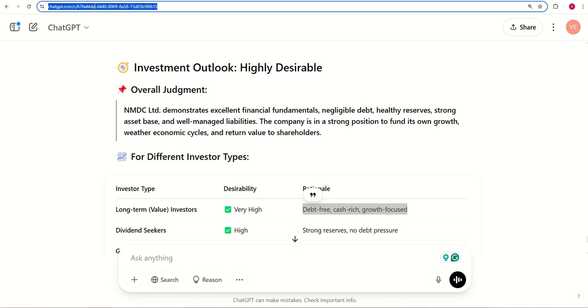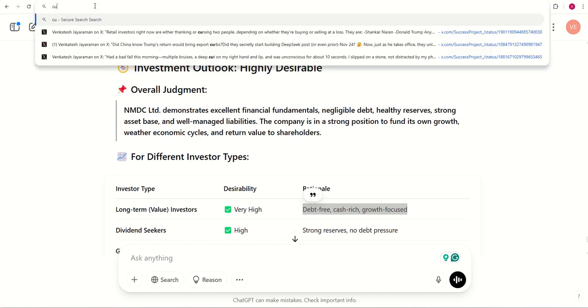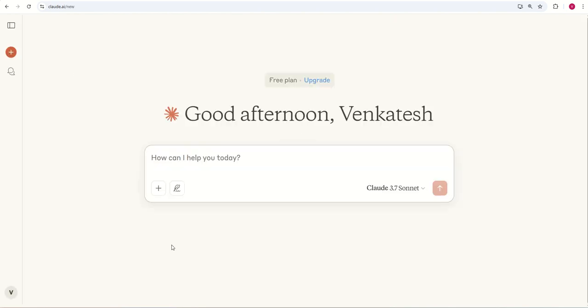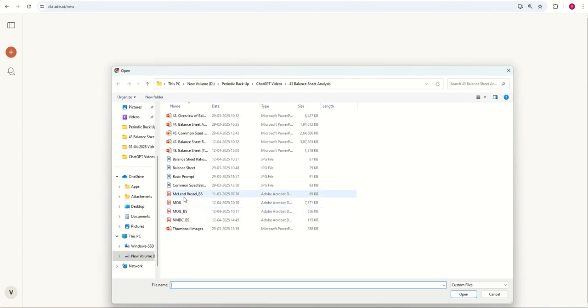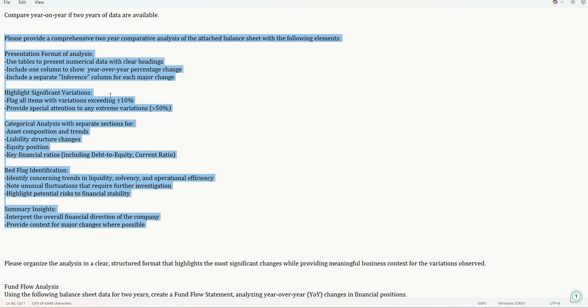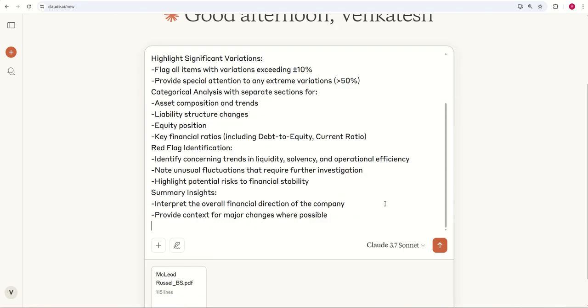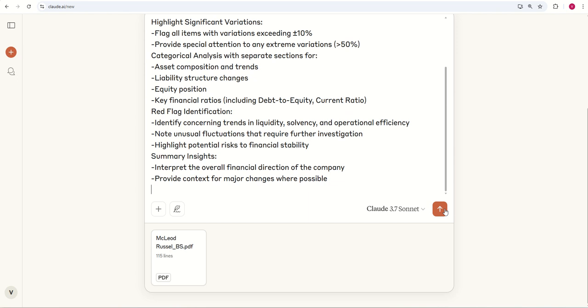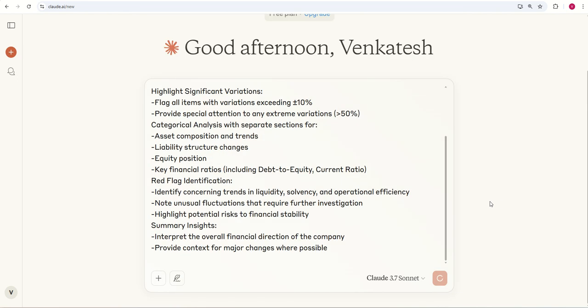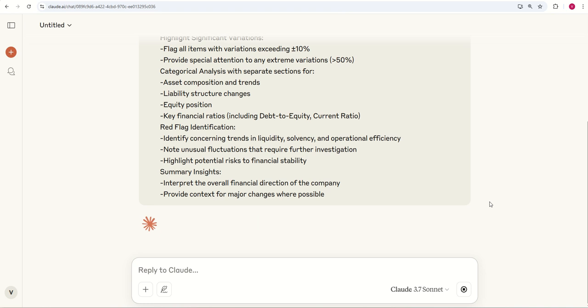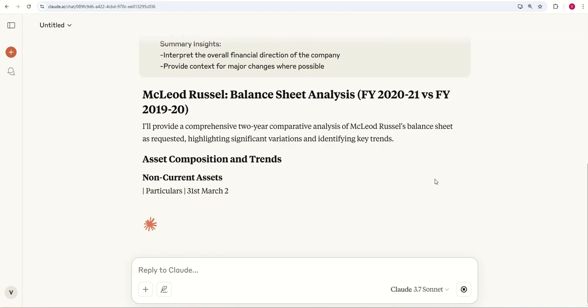So as I told you, let me take you through Claude as well. I'll just put in one balance sheet to show the outcomes. I'll be posting all these prompts in my prompt library website, maybe tomorrow or possibly by Monday. You can check out or download the prompts.